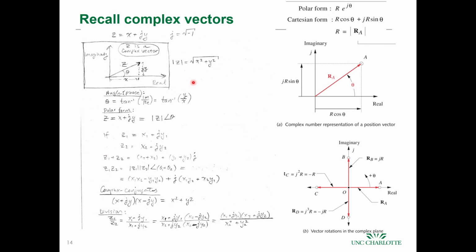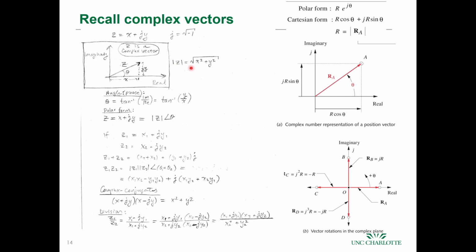This is just a review of your polar and complex numbers. All right, so if you have a complex vector z, which is represented by x, which is just some value in the x direction, and then some value y in the j direction, this is your imaginary axis. Okay, so we can then represent this vector in the complex plane. Okay, and j here, or i, depending on what you use, is the complex number, which is the square root of -1, which is undefined, or it's defined by j.